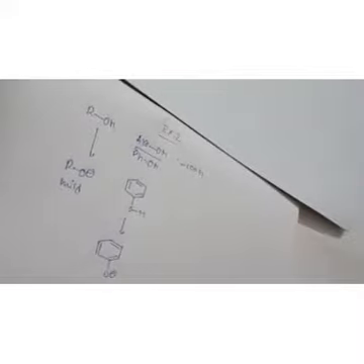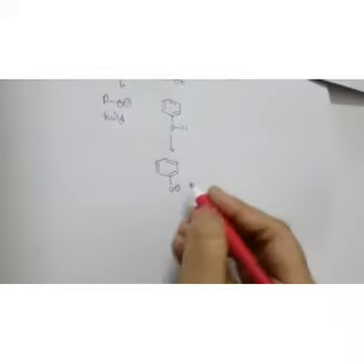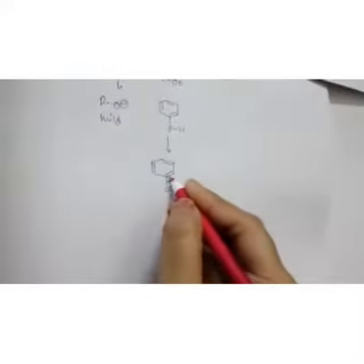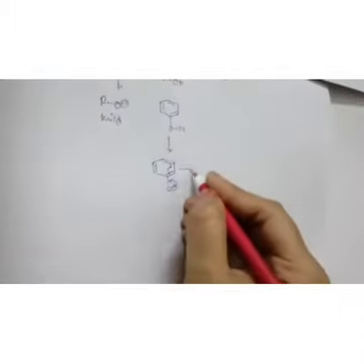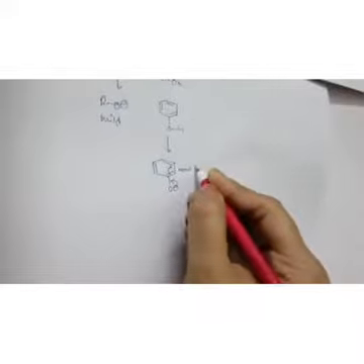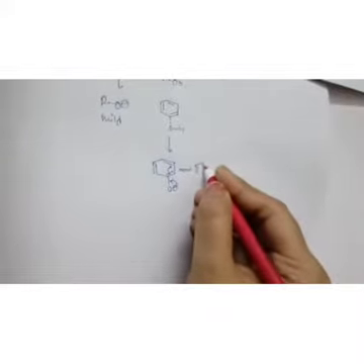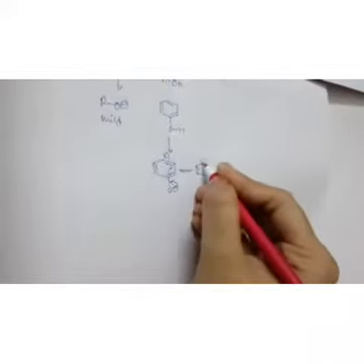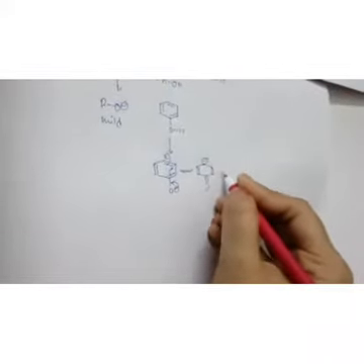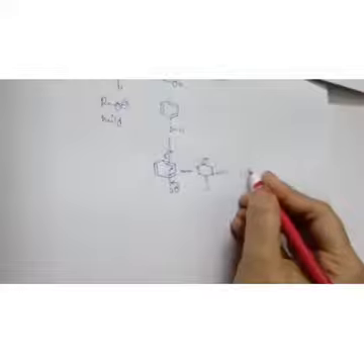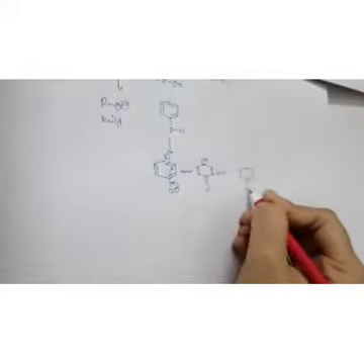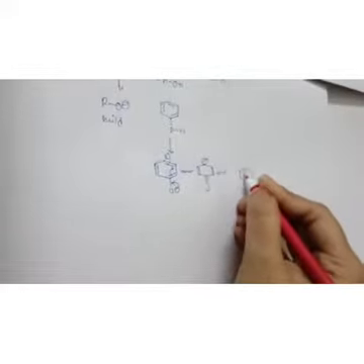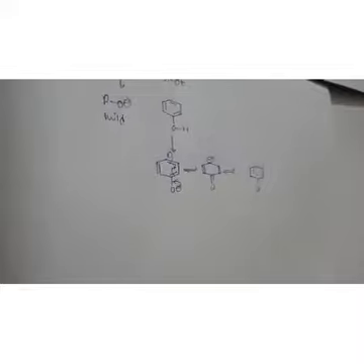In case of phenolate, it has resonance stability and it will go through resonance like that way. The negative charge is delocalized over the whole benzene ring and oxygen.